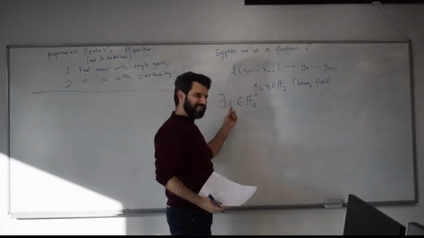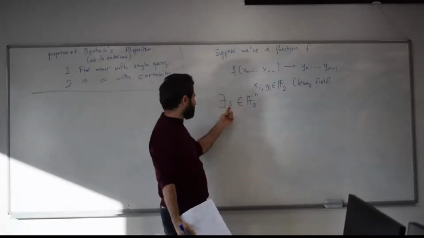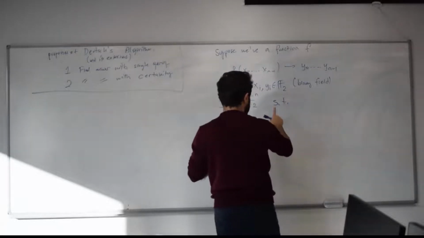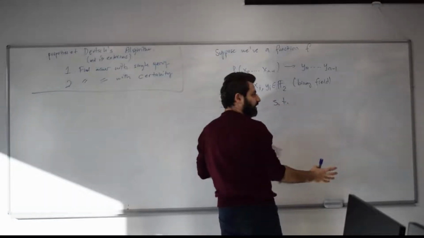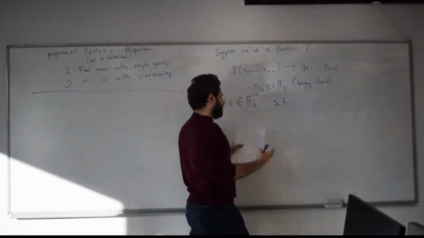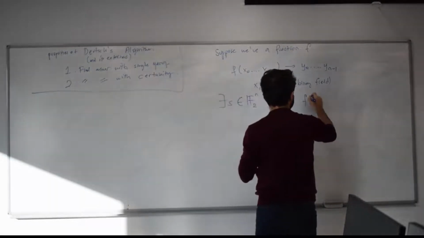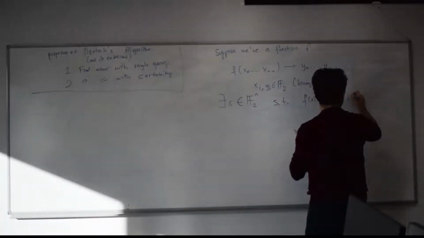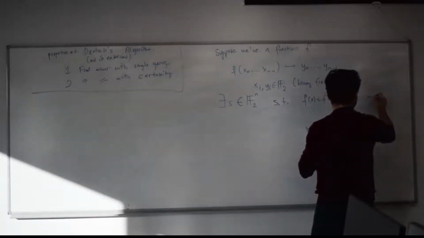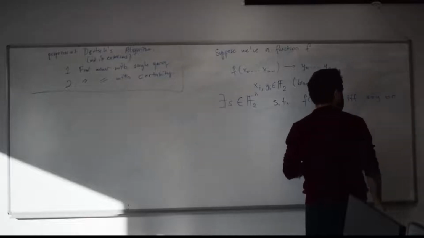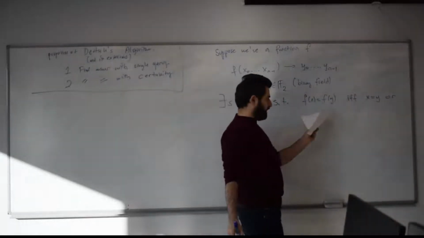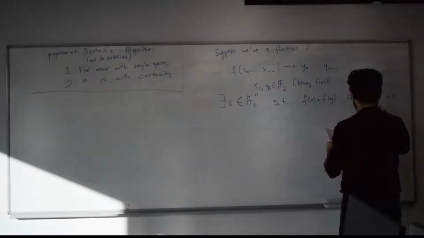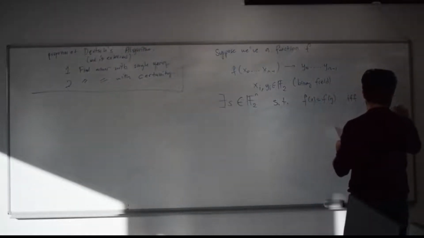That there exists this binary sequence S such that f(x) equals f(y) if and only if x equals y, or we have y equals x XOR s.